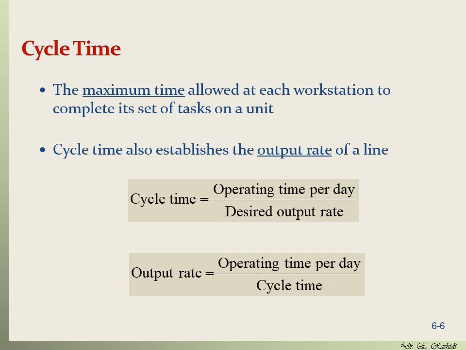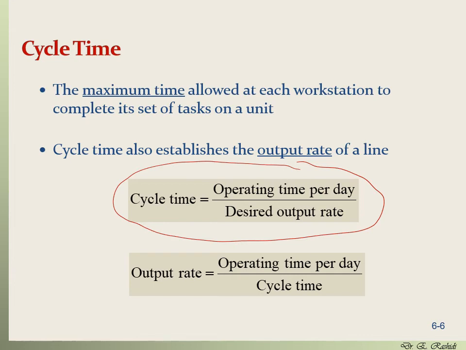As you can see, based on these two formulas here, cycle time is equal to the operating time per day. That's how much time you have, the working time that you have, for example, per day, an 8 hour shift, divided by the desired output rate.